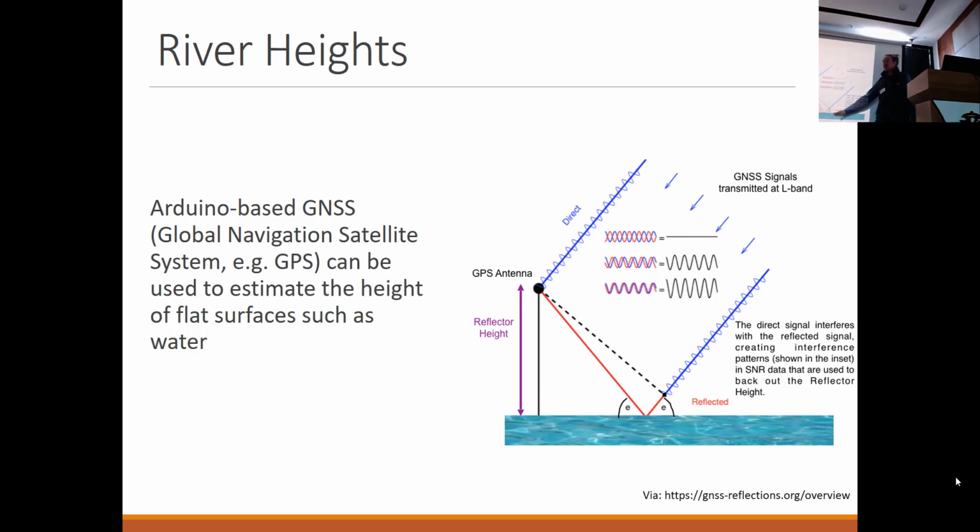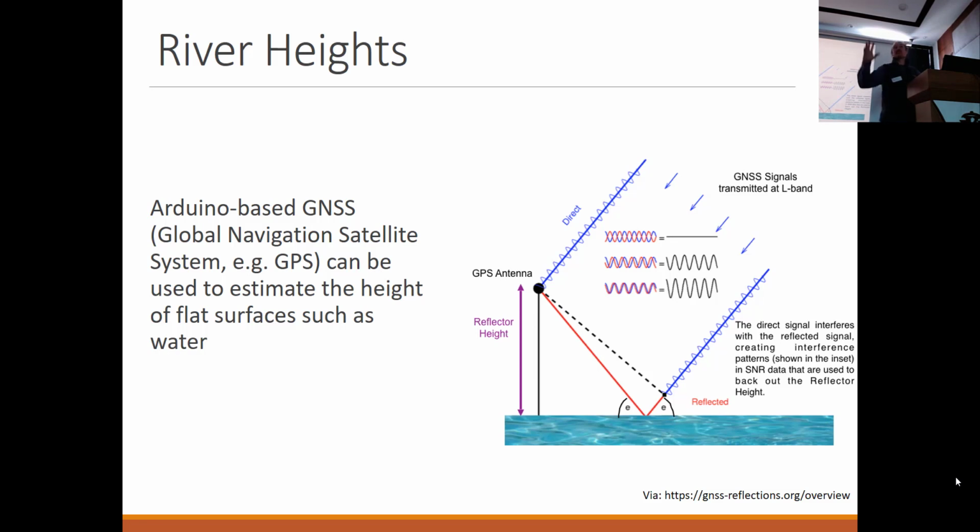And if you think of something like a lake or a river or a reservoir that's going up and down, as this angle changes, right? If you're going really low, you have this angle. If you're going a little bit higher, you have this angle. That can tell you directly how high this surface is. So this is a really easy way to measure these surface heights.